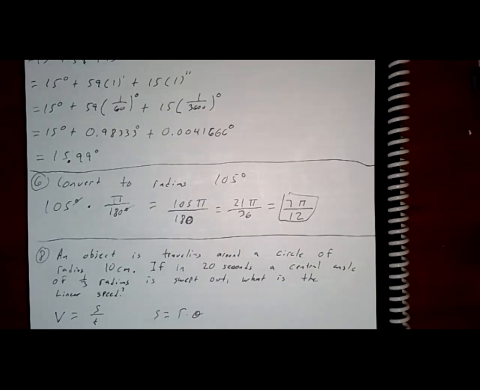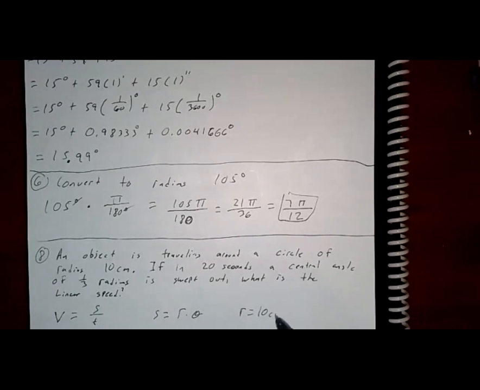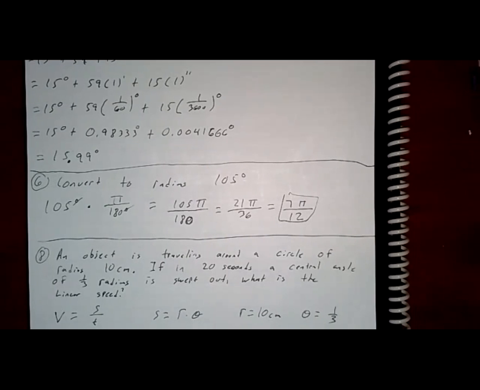So luckily it's already in radians, 1/3 radians. So we first need s. So let's find out what r is. That is circle radius 10, right? So 10 centimeters. Okay, and we have an angle of 1/3 radians, okay? We also have time of 20 seconds.